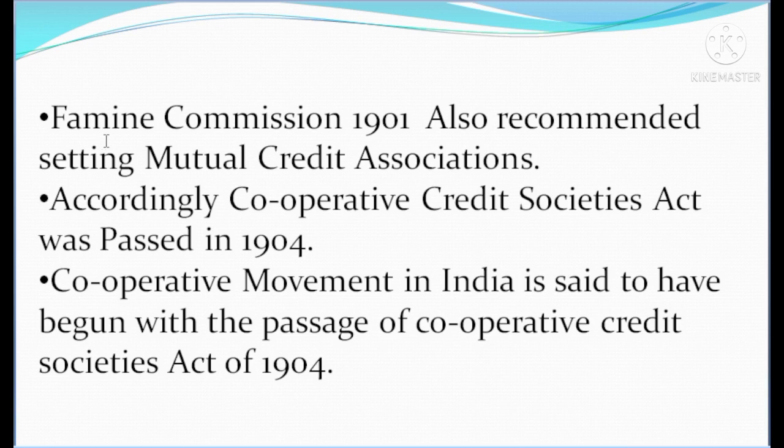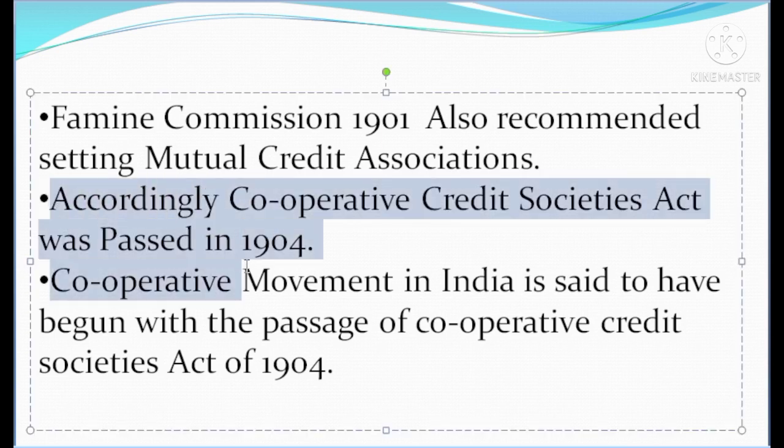That was another commission appointed by the Government of India, known by the name Famine Commission. Accordingly, the Cooperative Credit Societies Act was passed in 1904, thus giving cooperatives a legal position. Otherwise, they did not have any legal position.